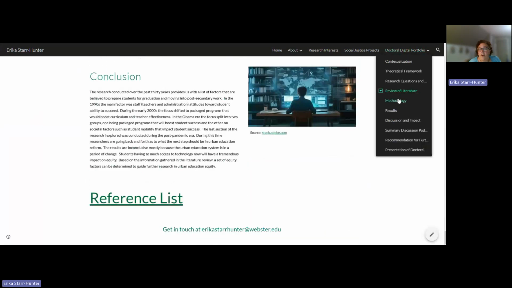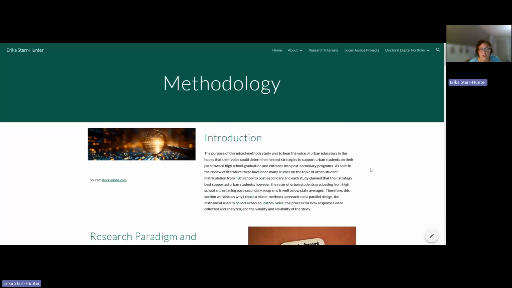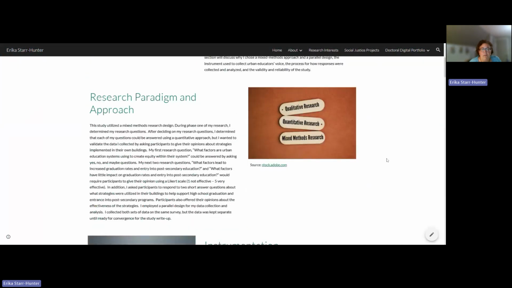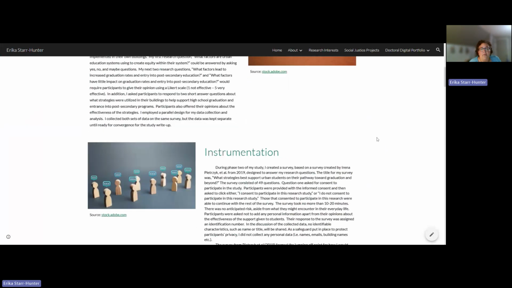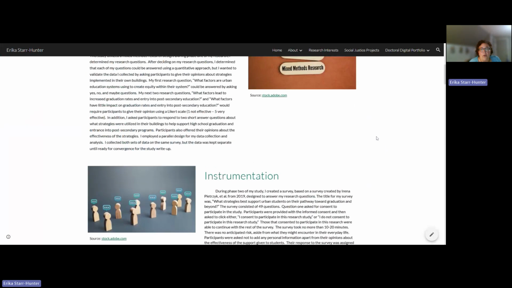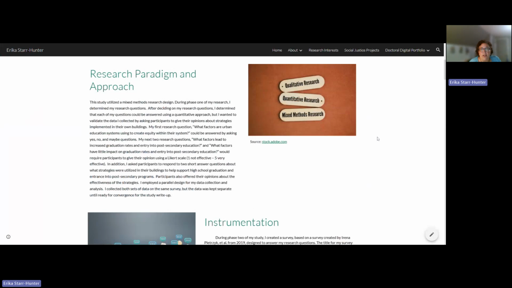Okay, methodology. So I used a mixed methods research paradigm. So I used both qualitative and quantitative research.